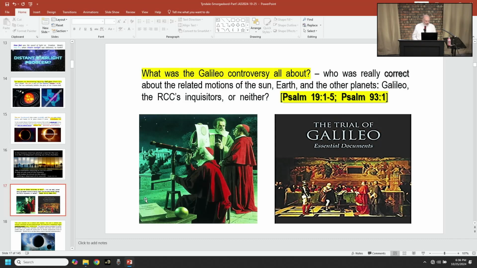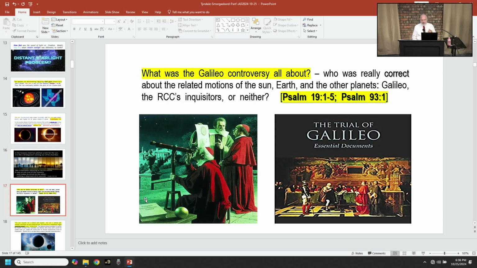They both were part right and they both were part wrong, because Galileo said the sun is stationary, the earth is in motion around it. The Roman Catholic Church said the earth is stationary, but the sun has a circuit that goes around it. Well, the earth has a circuit, and we'll see that in Isaiah 40:22.